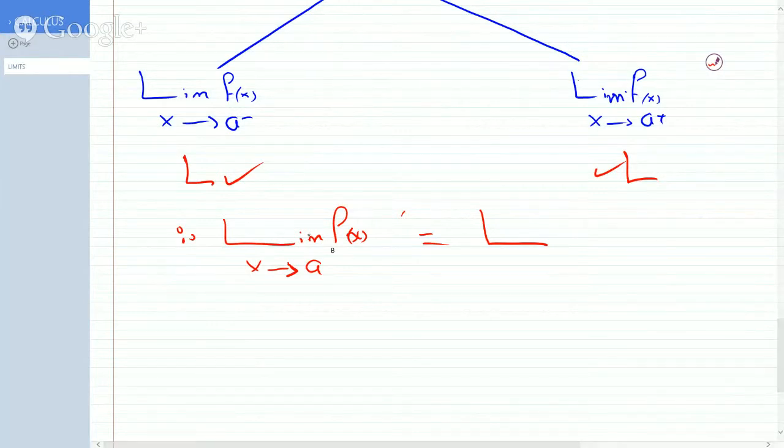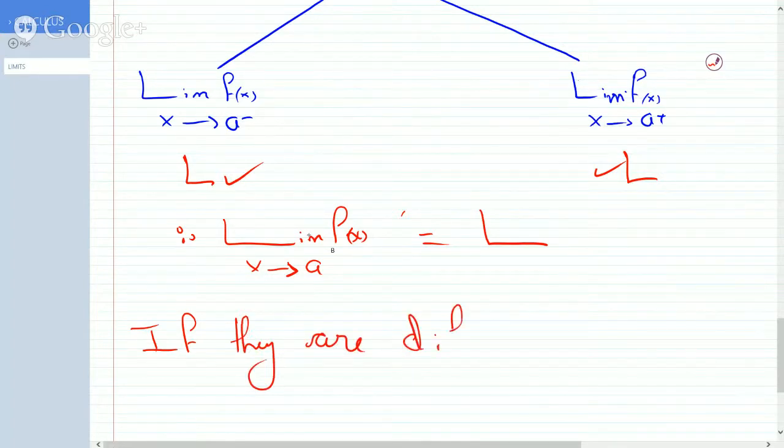If they are different, the limit does not exist.